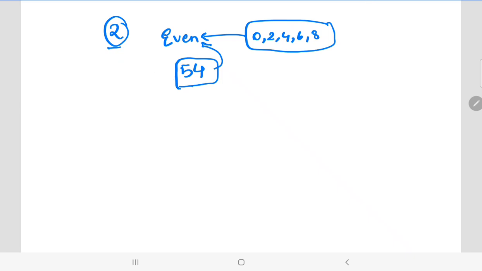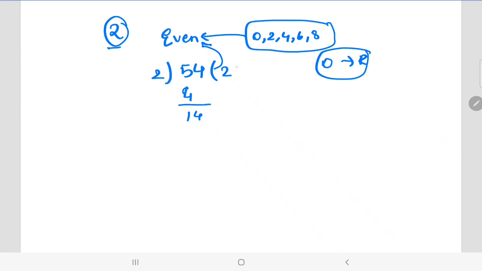So blindly remember that when any number is even, then that number is divisible by 2. So if I divide 54 by 2, I should check that the remainder should be 0. I will get 27 as the quotient and 0 would be the remainder for me.